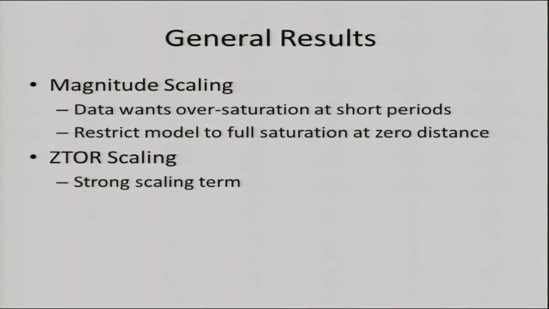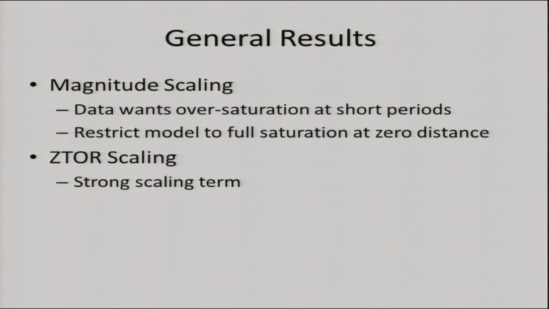So that's part of the reason why I shifted the break point from 6.7 to 6.3, to help smooth through that desire for oversaturation and not have too big of a misfit earlier on. You can't fit everything. If you're not going to allow the model to follow the data, you're going to have some misfits. And so that's still what we're doing.